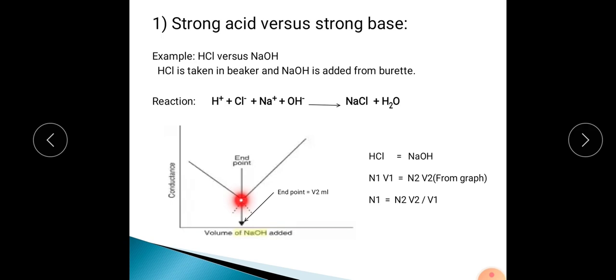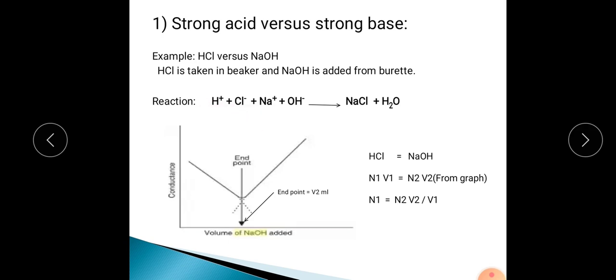After this point, the excess NaOH added causes the conductance to increase. At this point, the conductance is minimum, and the volume on the x-axis corresponding to minimum conductance is the volume of NaOH required to neutralize the HCl.